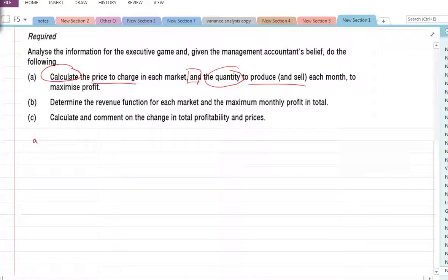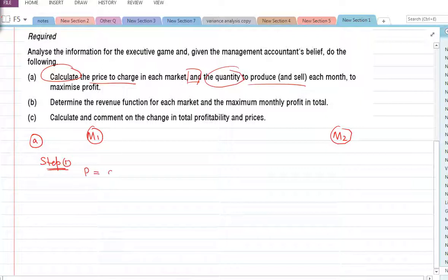So part A, I'll say we have two markets. So I'll say M1 on the left-hand side and M2 on the right-hand side to show the second market. So these are the two markets that we have. Now step one, P is equal to A minus BX.